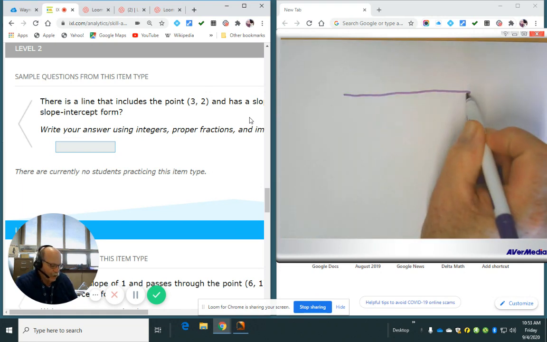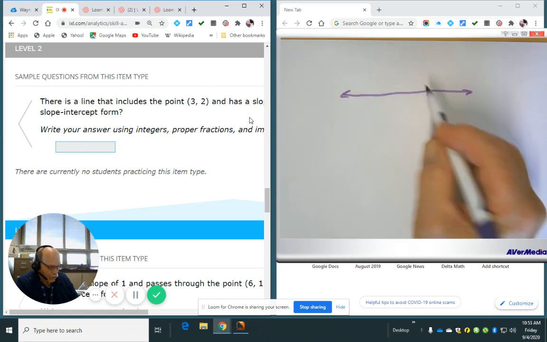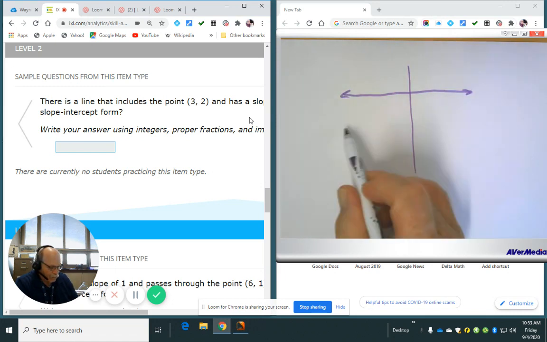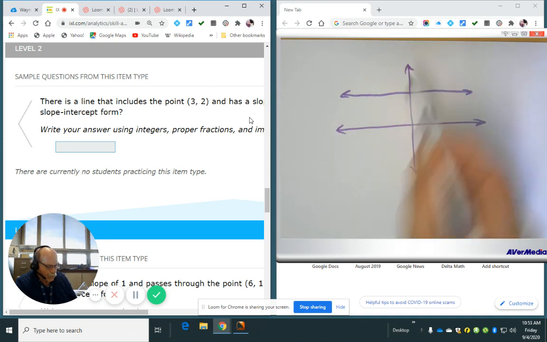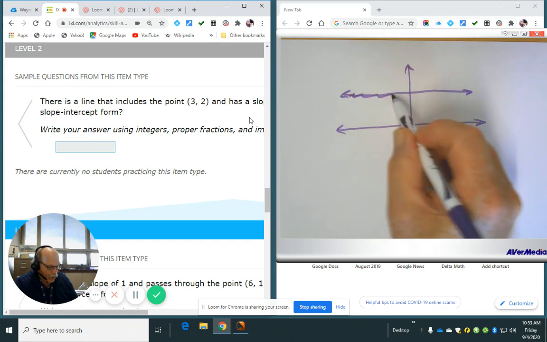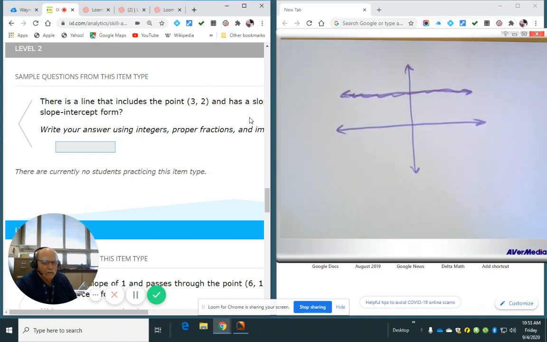If I had a graph like this, this is my line that has a slope of 0.